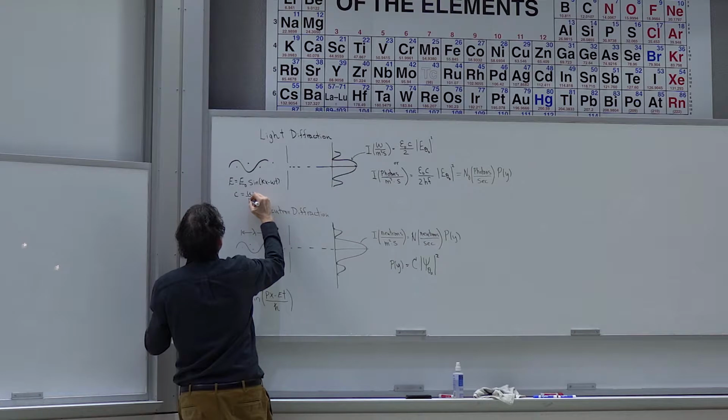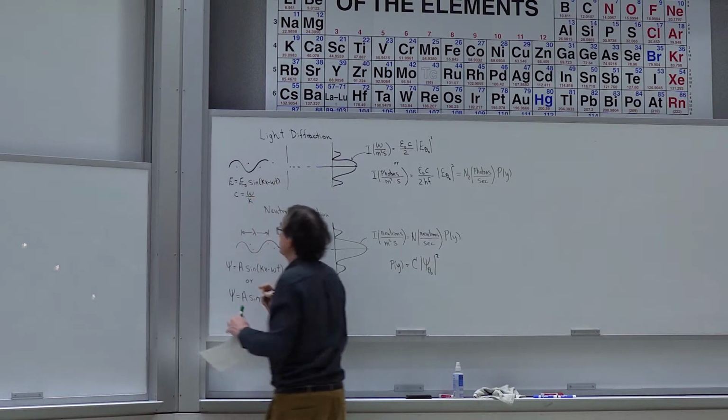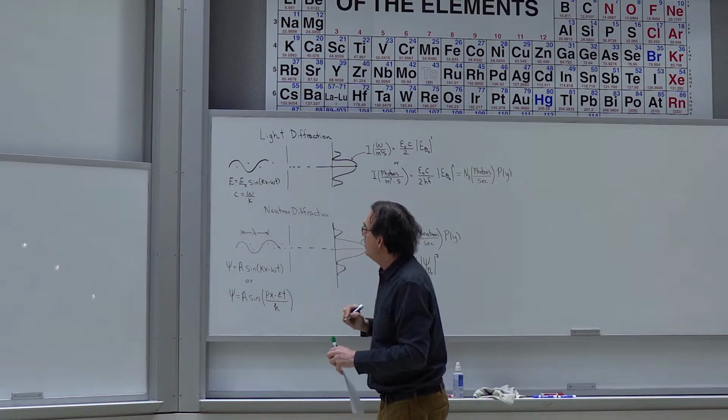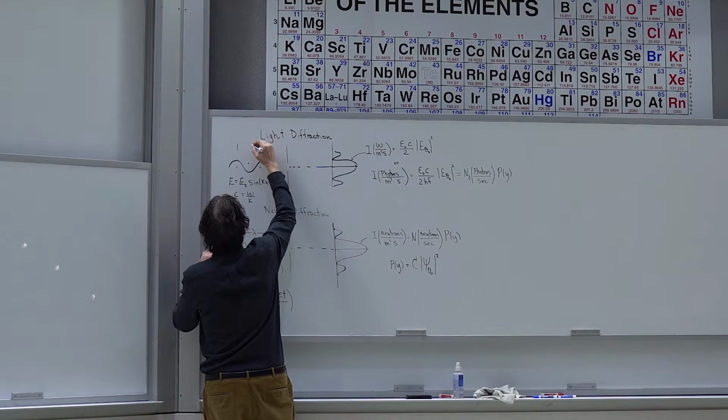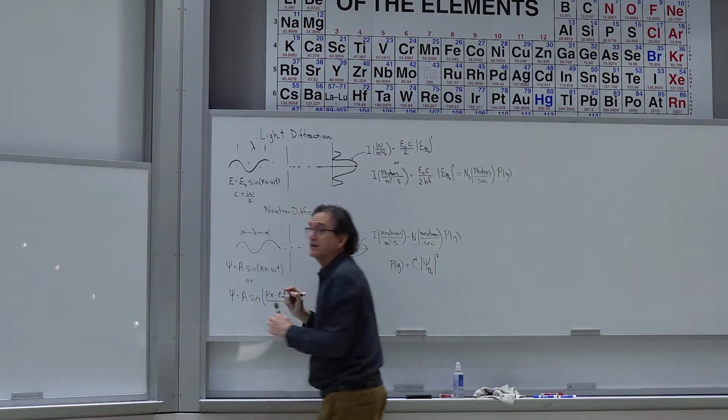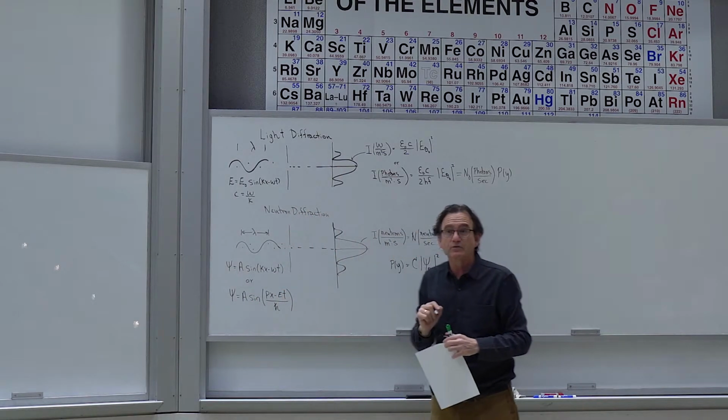That's the velocity of this wave, and we have a certain wavelength associated with it. That's lambda. This is in fact an electric field wave.